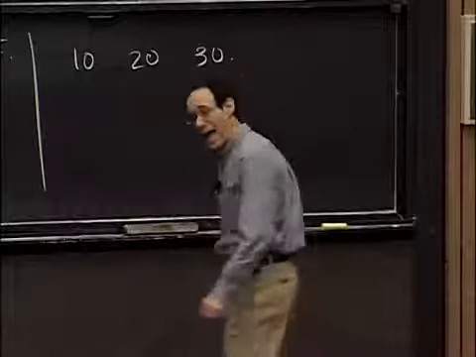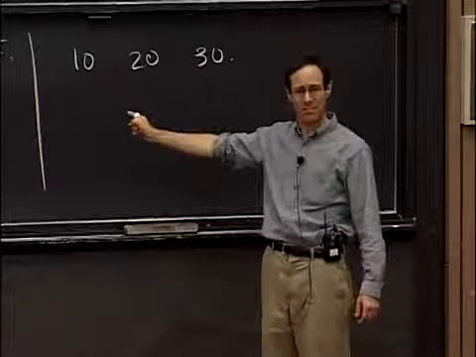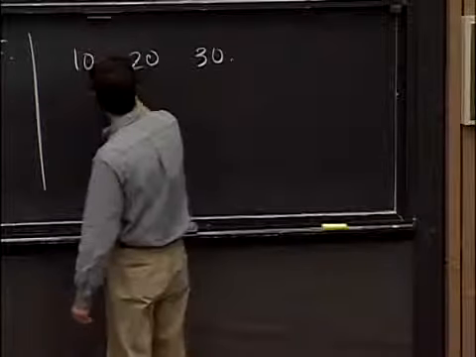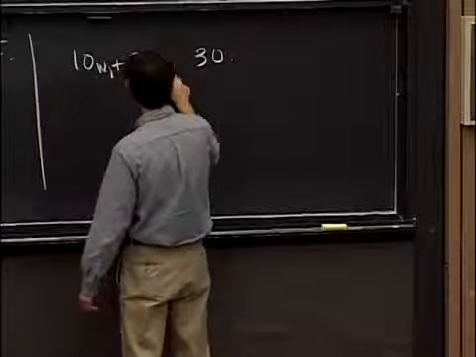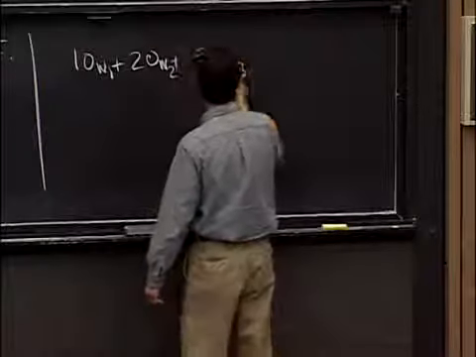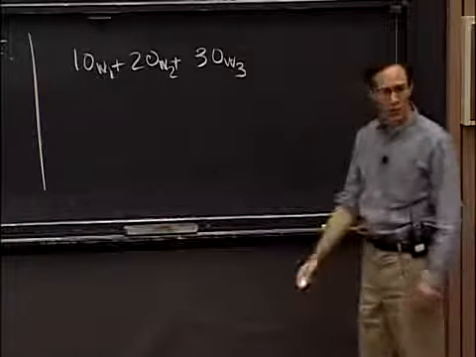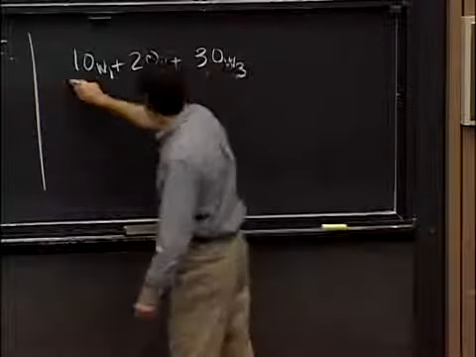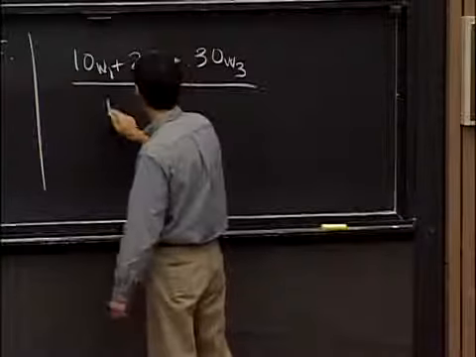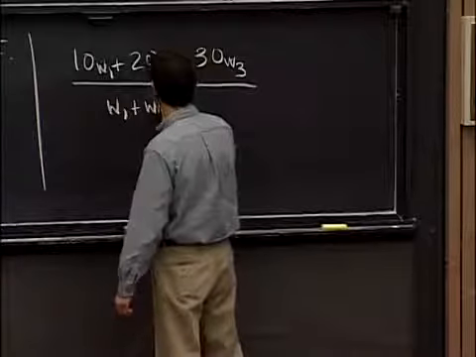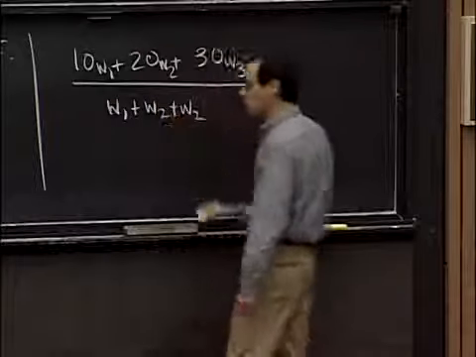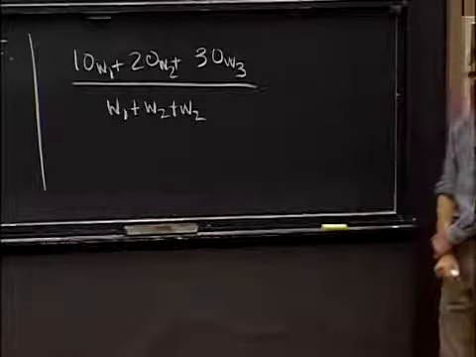Well, it depends on how many shares you bought. If you bought this many shares the first time, and this many shares the second time, and this many shares the third time, this is the total amount that you spent. And the average price is the total price divided by the total number of shares.